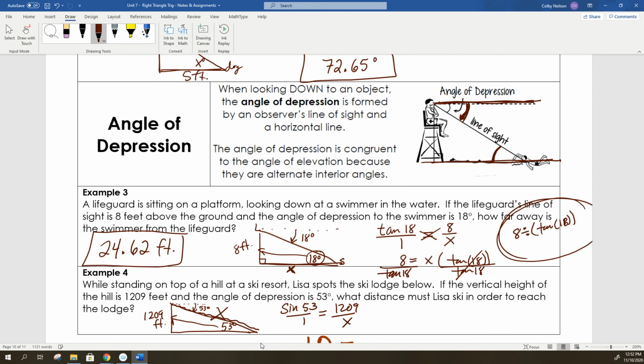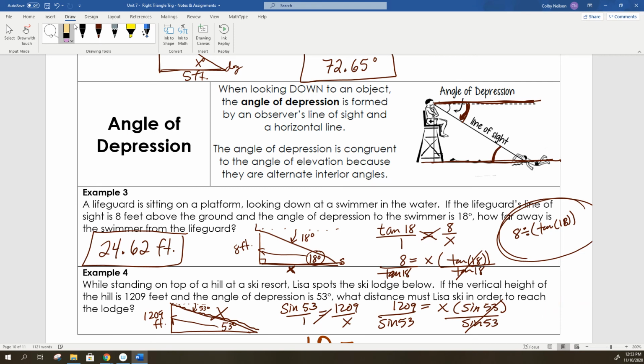All right, so it looks like it sets up just like the previous problem. Multiplying 1209 times 1 and x times the sine of 53. Divide by the sine of 53. So 1209 divided by the sine of 53. So 1209 divided by, parenthesis, sine 53, close 53. Oh, I'm losing it.